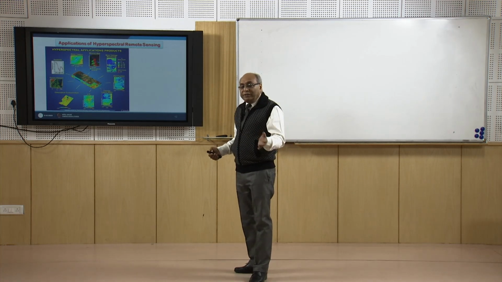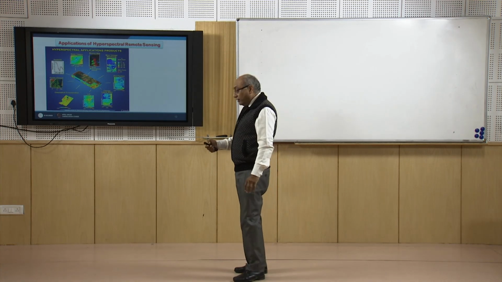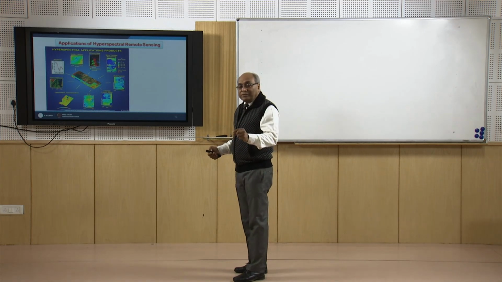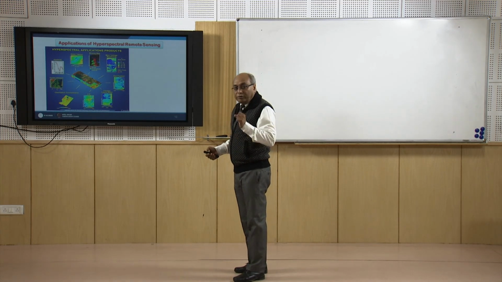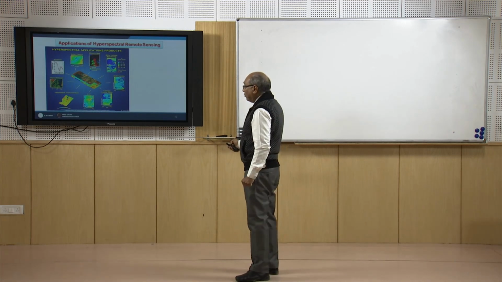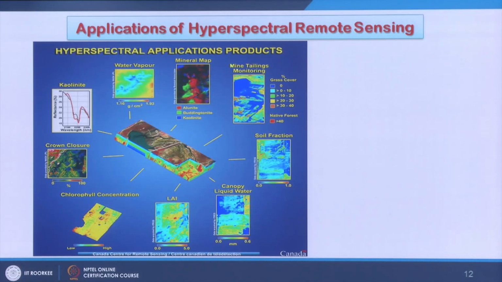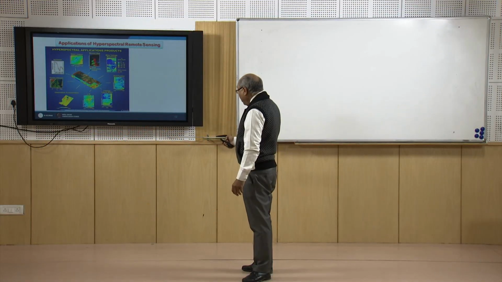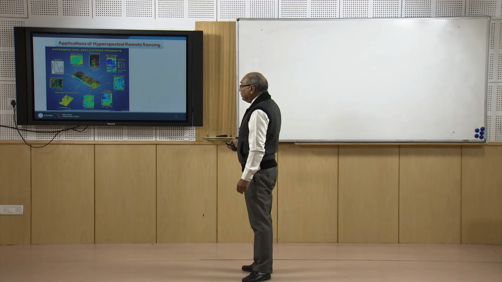If it is covered with vegetation or soil, then it's a different thing. Even slight changes in soil properties can be discriminated. So hyperspectral remote sensing can play a major role in mineral mapping and mine tailings monitoring. This is again because mines create a lot of output, and those things can also be monitored.